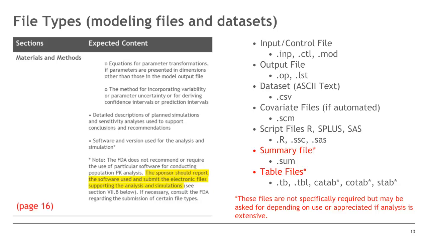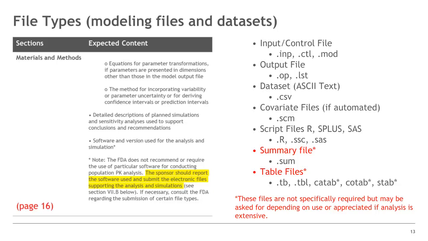Covariate files, if your process is automated. So if you are doing standalone evaluations and assessing each covariate as a separate run in NONMEM, for example, you would want to submit specific covariate runs that were tied to the ones that you included in your final model.